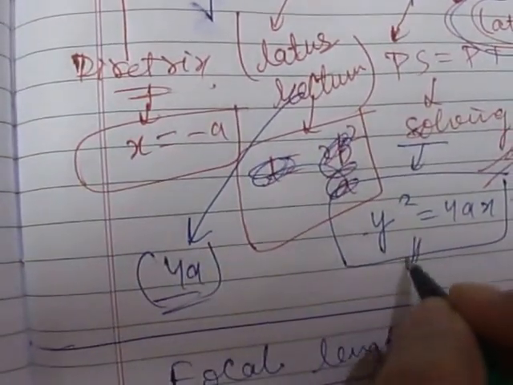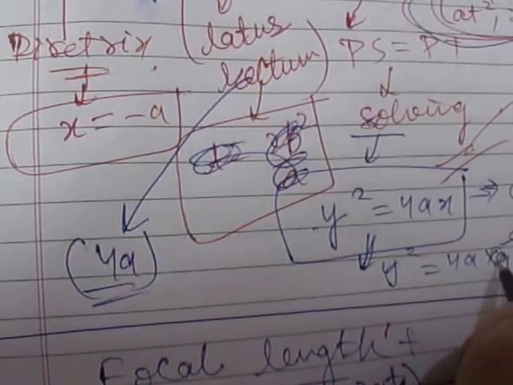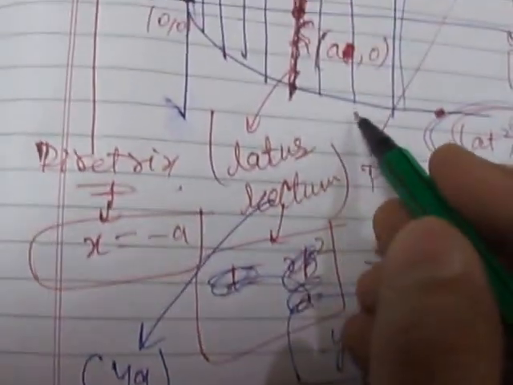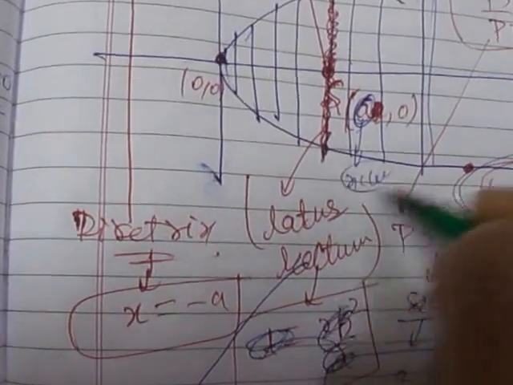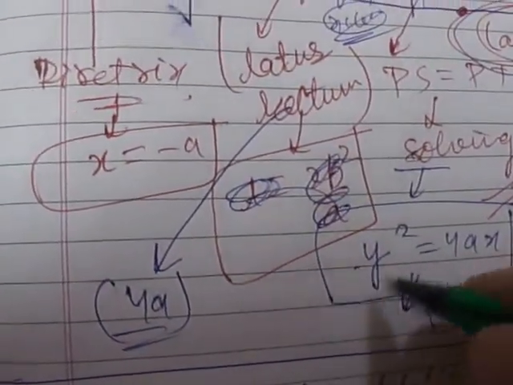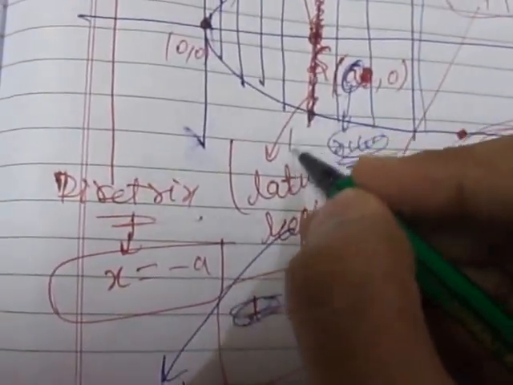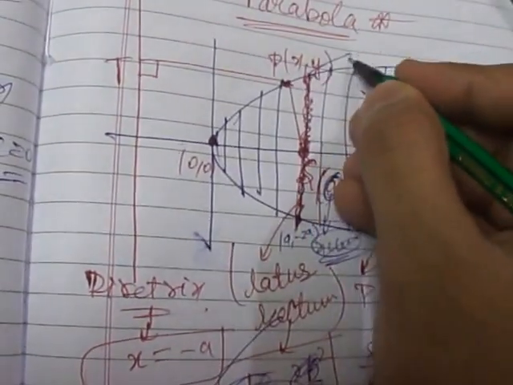Solve by putting y square equals 4a times a, because this is the point a comma. The x coordinate I put in this equation gives the y coordinates: a comma minus 2a and a comma 2a. So the length is 4a.